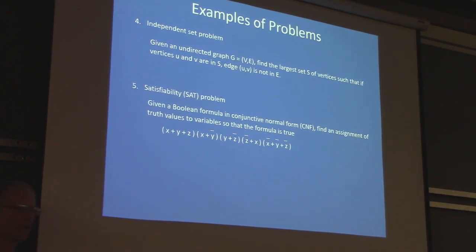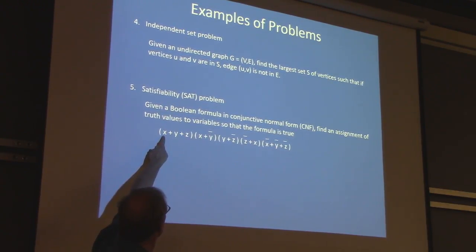Hugely important problem that comes up in program verification. The satisfiability problem is to come up with an assignment of true and false to the variables that makes the whole expression true. So, is there an assignment here? Yeah? So x equals true, y equals false.